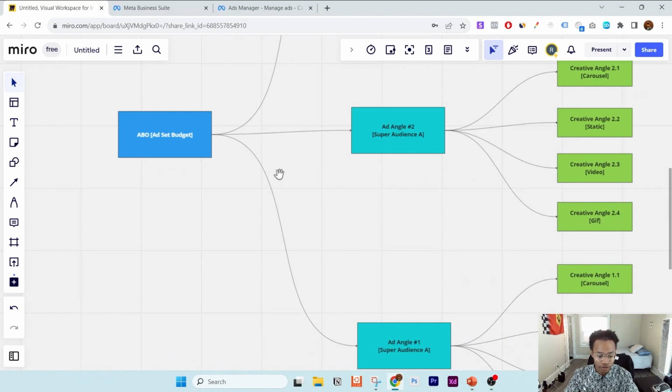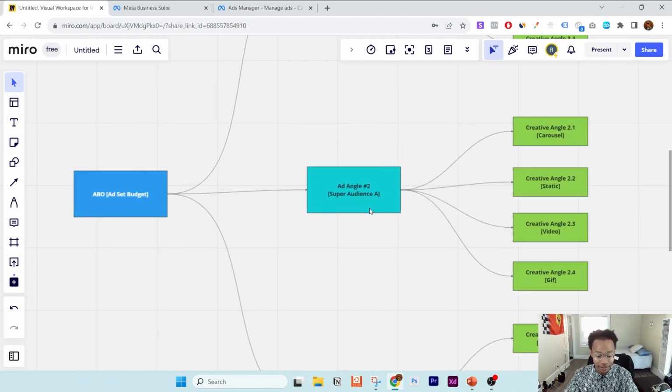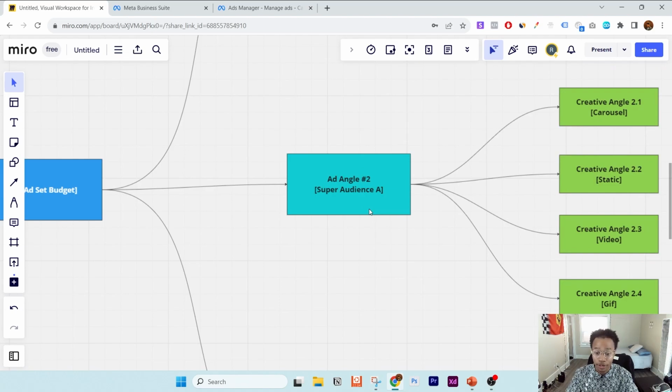So now, instead of testing audiences, we've got that initial data, we recorded the results, and now we're going to iterate. We're going to put these, for example, 2 to 3 or 1 to 2, however many audiences are winning, and by winning I mean that have more than 3 to 5 purchases and are profitable after 3 to 7 days.